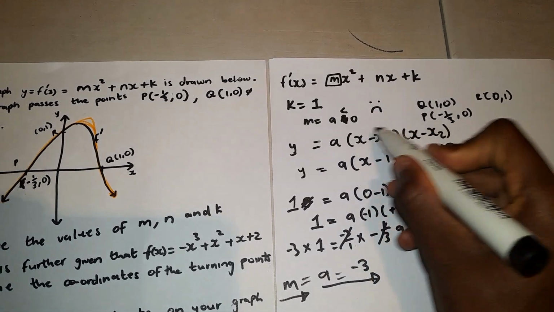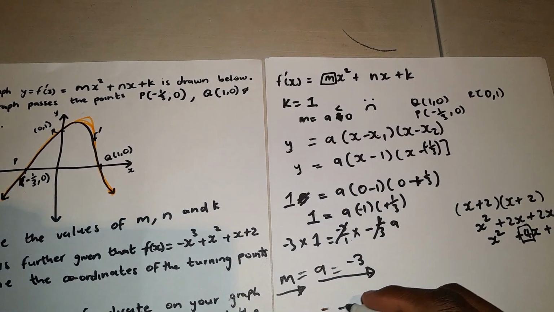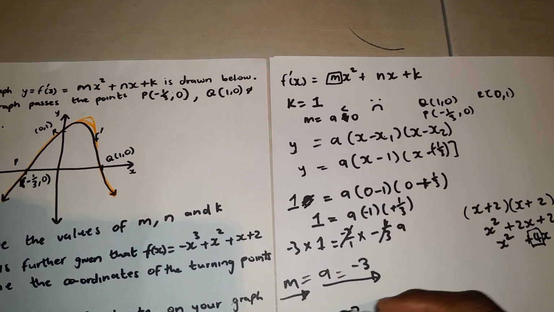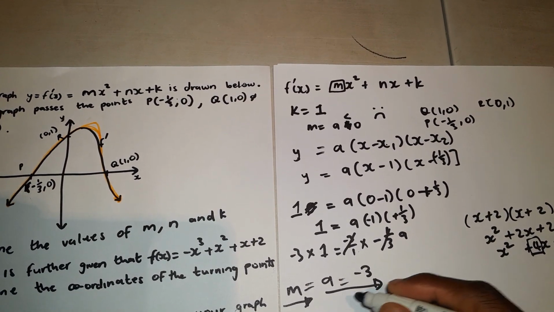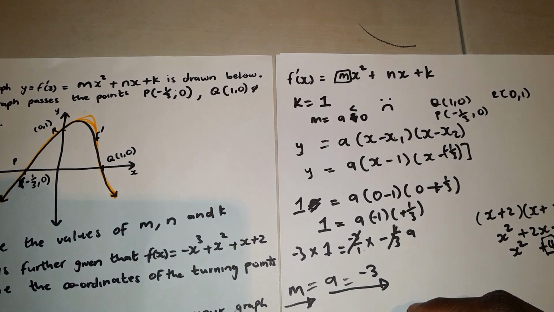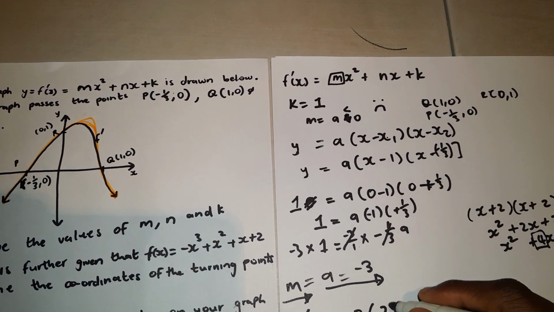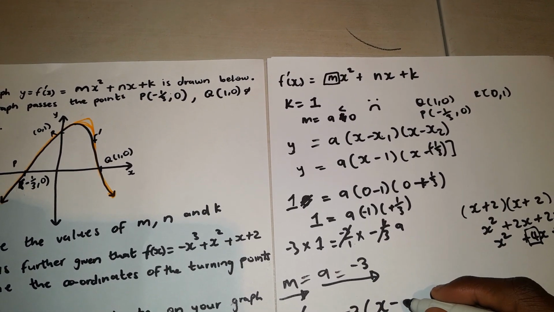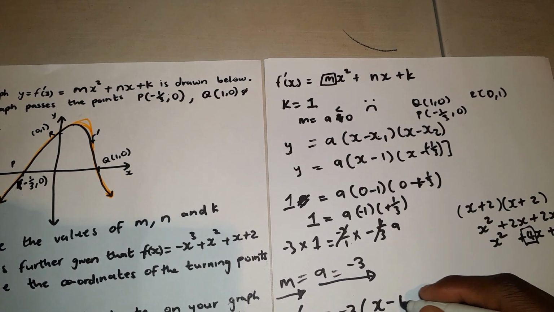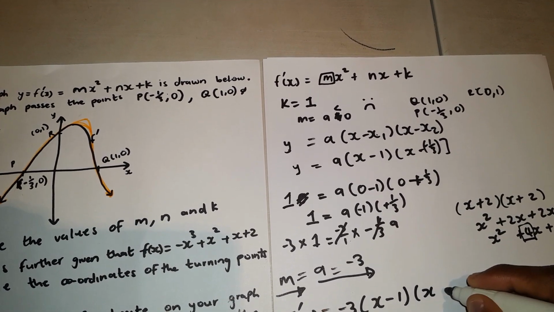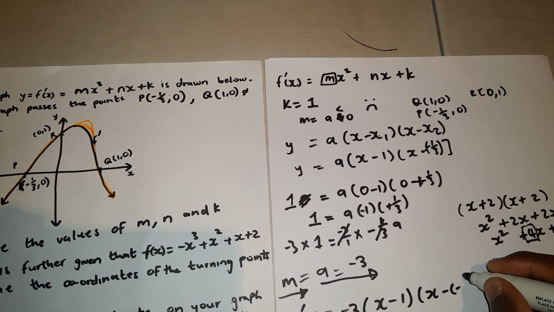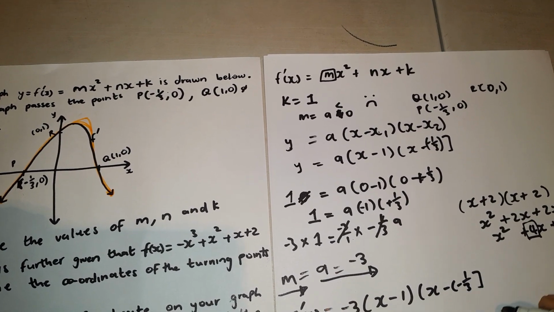We can just use this one. It will be negative 3 minus, I'm just going to go straight to the point, and x minus 1 over root 3.